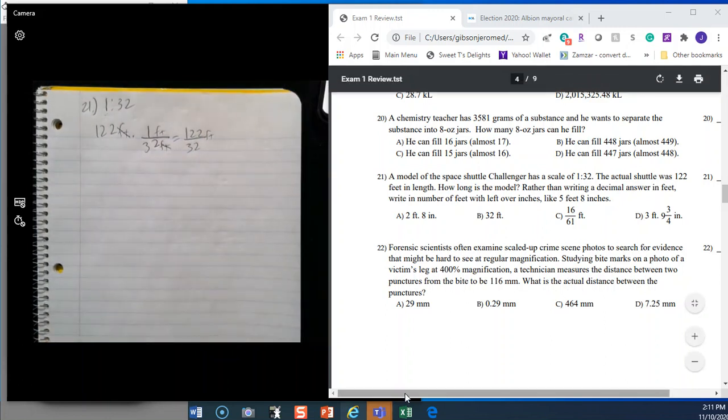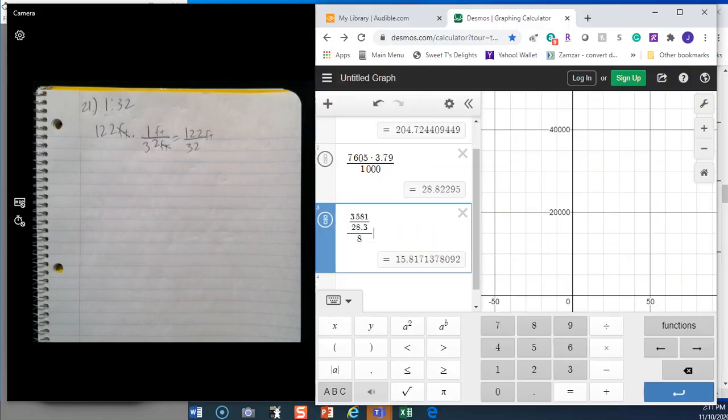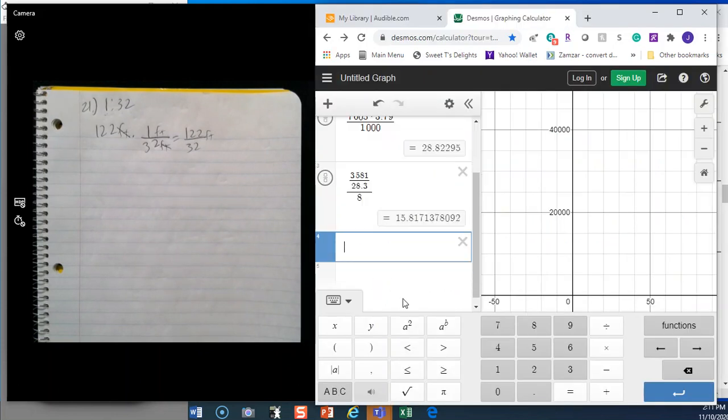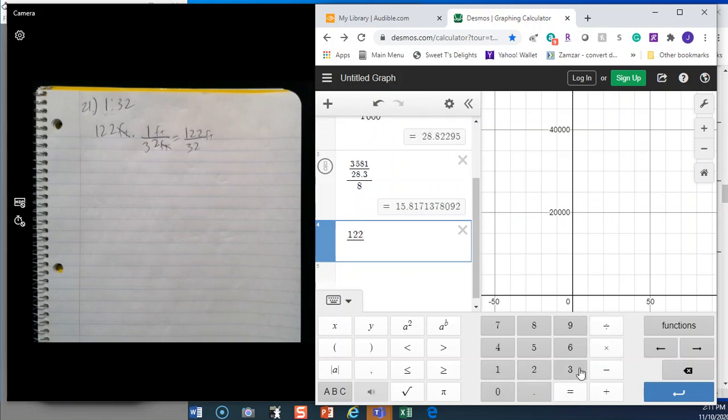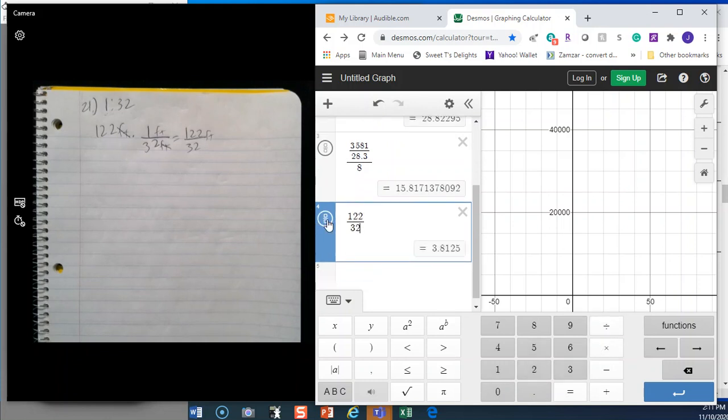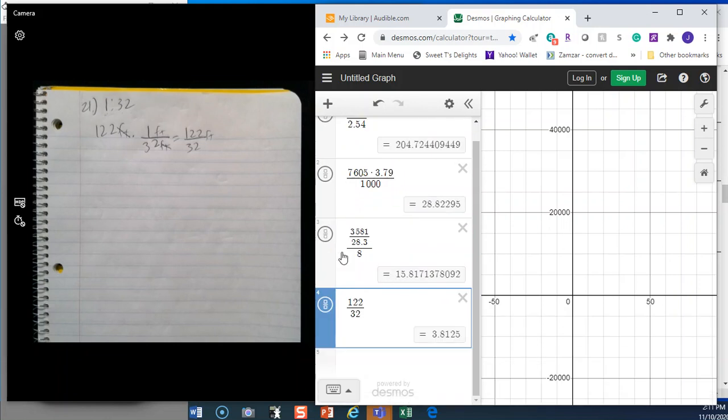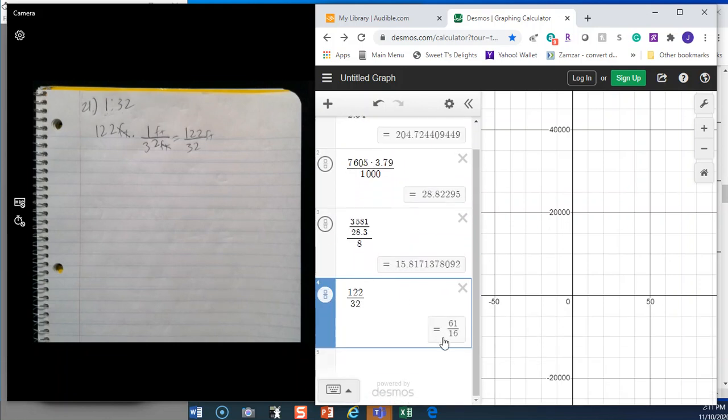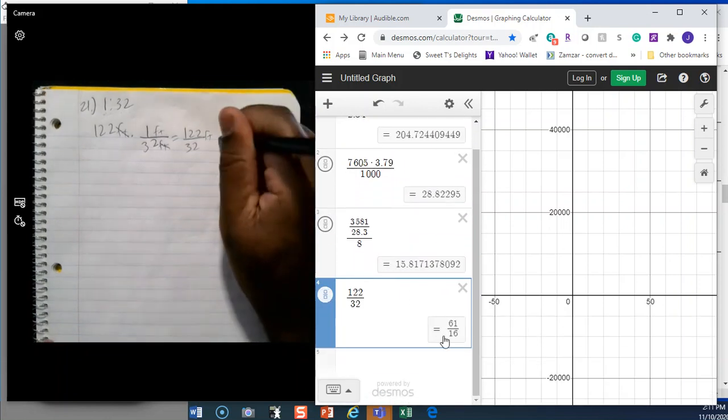Now, we need to simplify this, and we can use our calculator. So we could take 122 divided by 32. And we can make that into a fraction. So that would be 61 over 16.